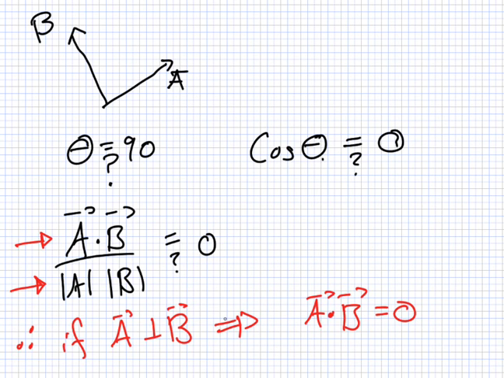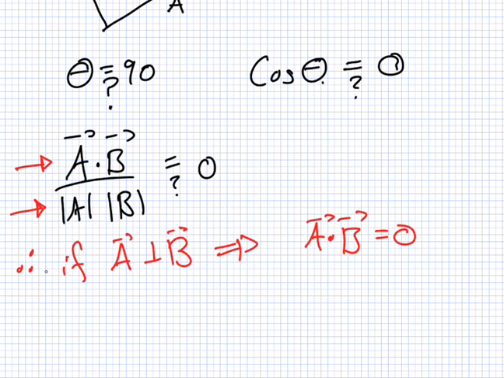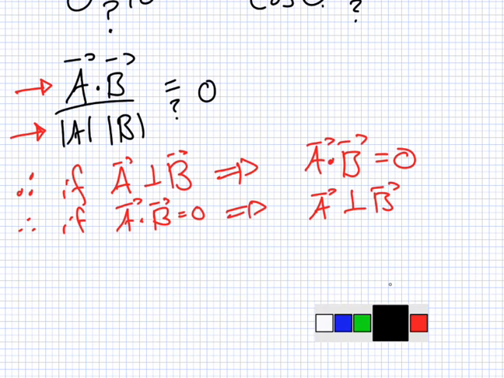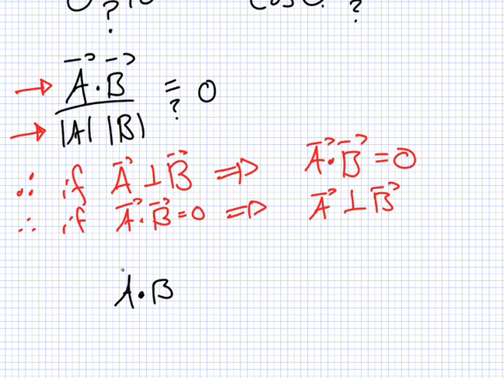But what's great is that the reverse is true as well. If A dot B is equal to 0, then A is perpendicular to B. So we end up with this one convenient result: A dot B is equal to 0 if and only if they are perpendicular.